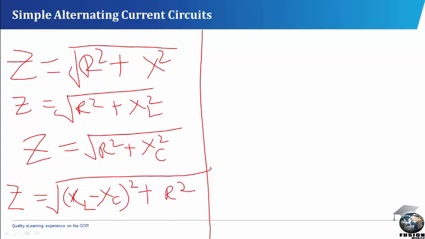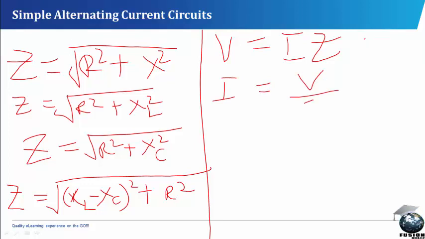This is a complete impedance, and V is equal to I times impedance. That means that I is equal to V all over impedance.